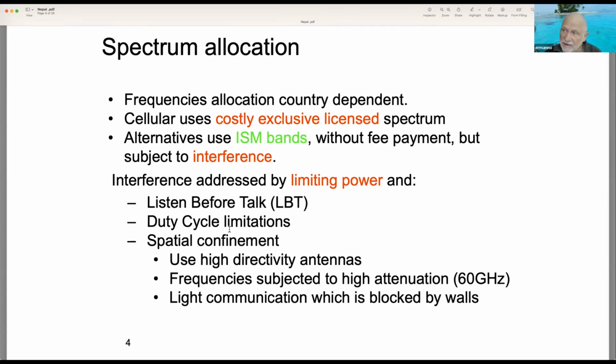They can limit the amount of time that a given device is allowed to use the spectrum, or they can set a limit on the percentage of time that a device can use the spectrum. This is called the duty cycle. Also, there is the possibility of using certain frequencies that inherently do not travel very far, without this constraint of duty cycle limitations.